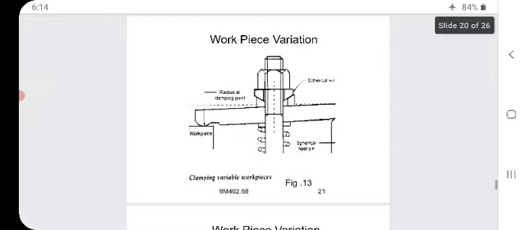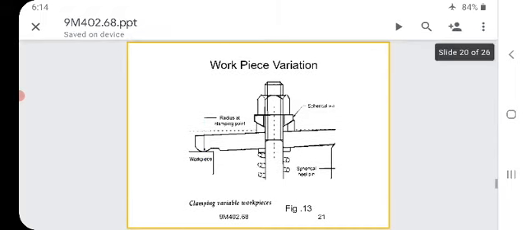So see the figure, you will see the workpiece variation. So workpiece, radius at clamping point, spherical wing nut, spherical heel in the bottom.